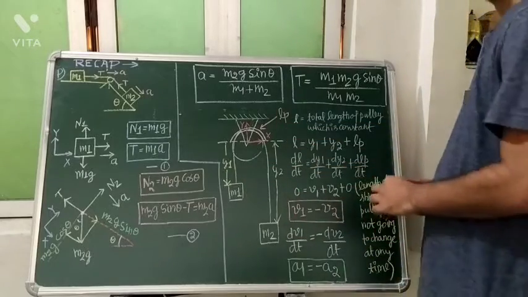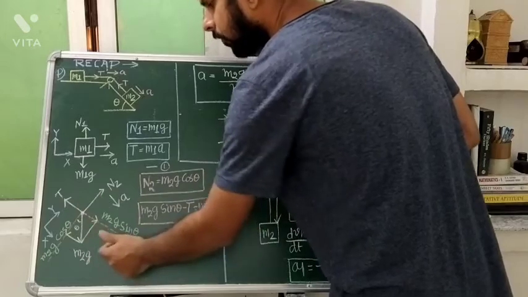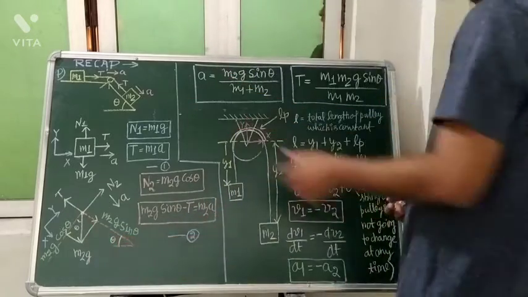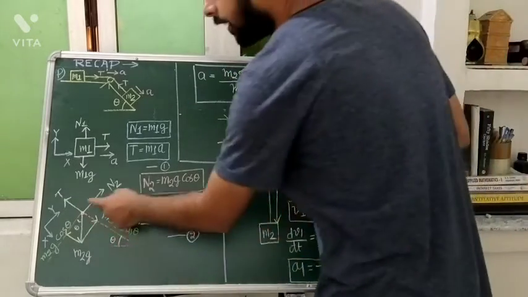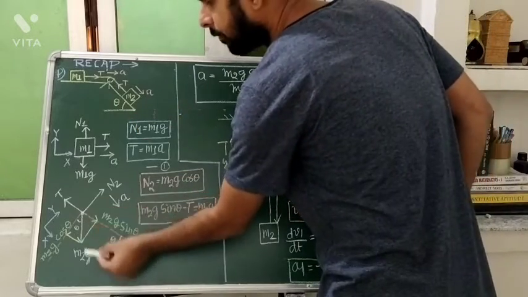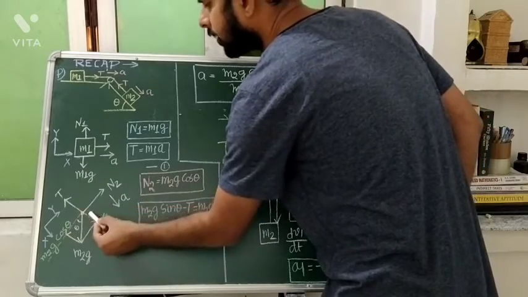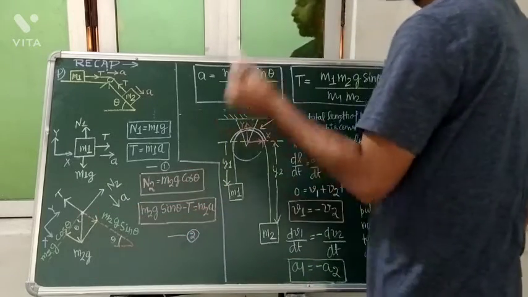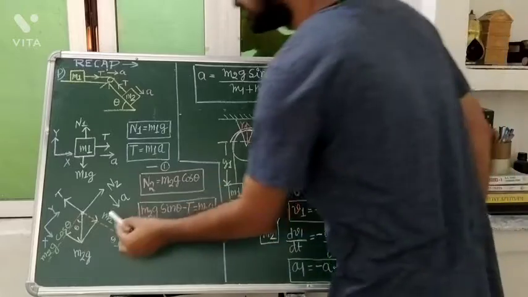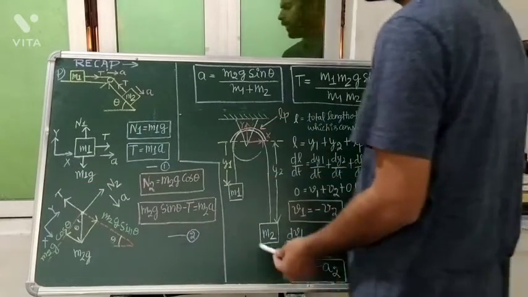And when we were drawing the free body diagram of mass m2, it was present at an angle of theta. It was inclined, and we have seen the various forces acting on it: m2g, normal acting in the perpendicular direction of the contact surface, and tension T acting upward along the incline.